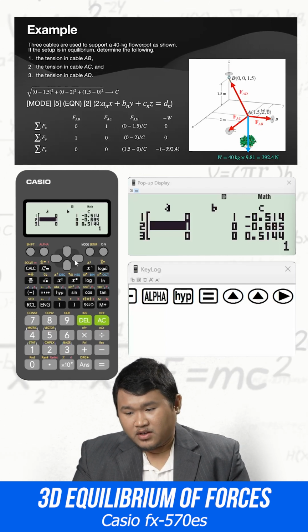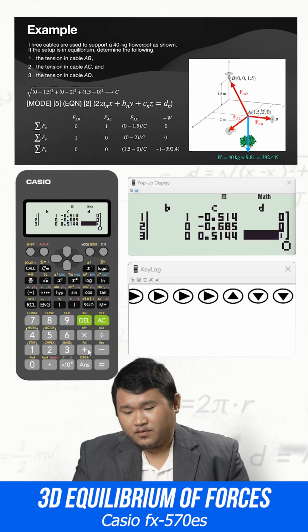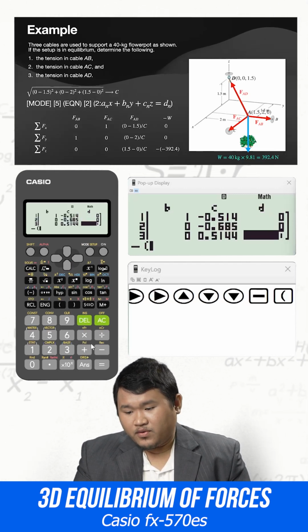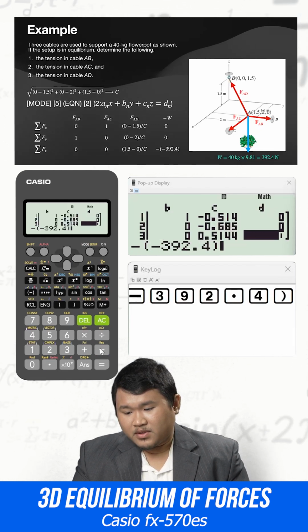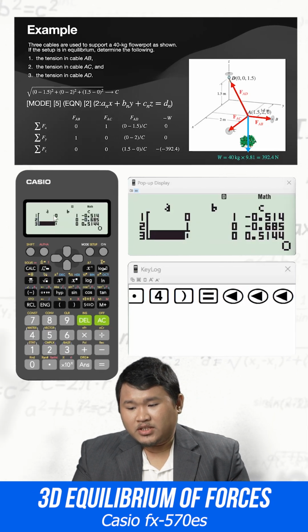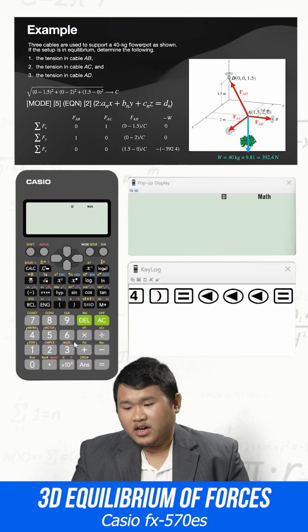So we have on our D row, 0, 0, and then for the third row, we have negative of negative 392.4 equals. Now, once we have inputted the entire expression, we can press the equal sign to get the final answer.